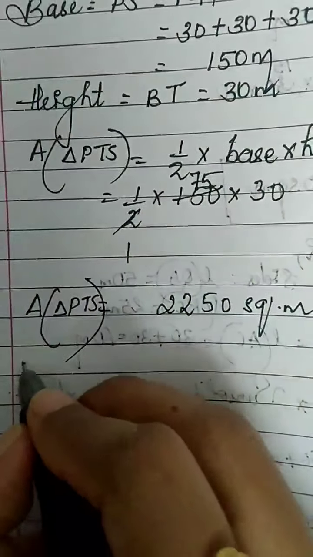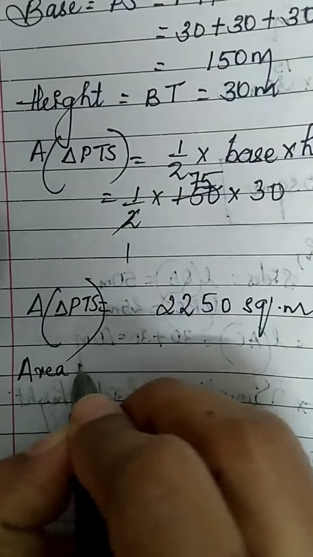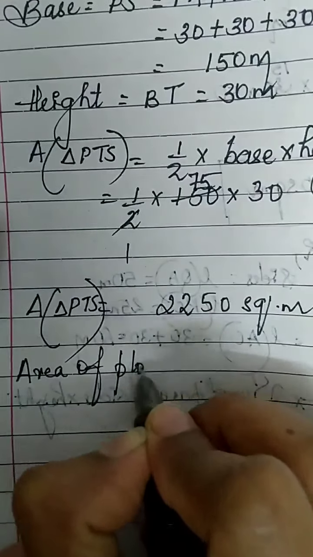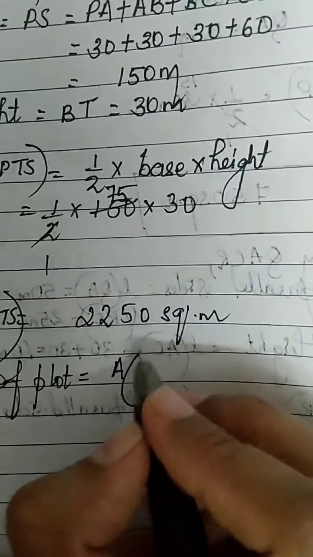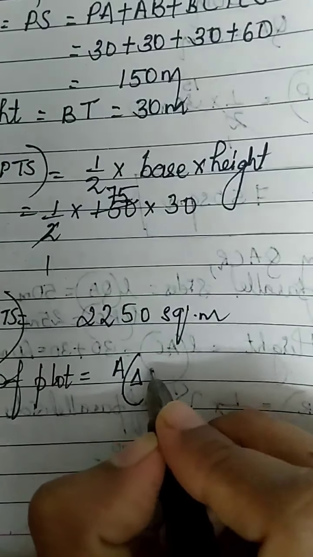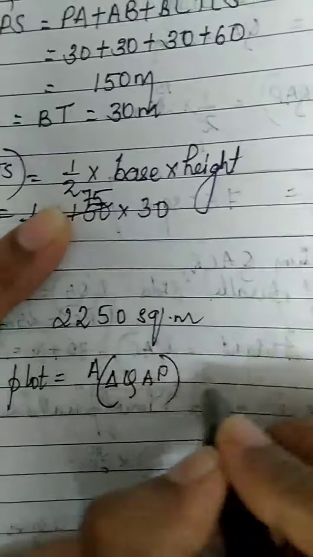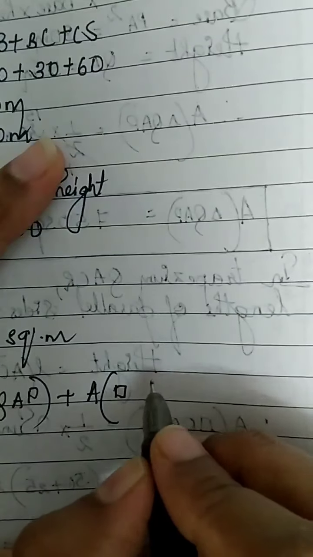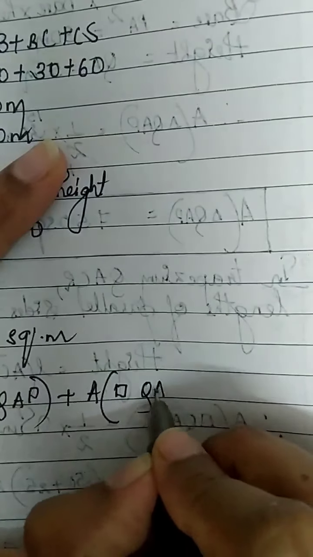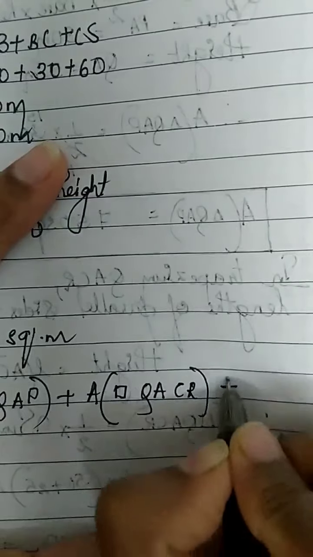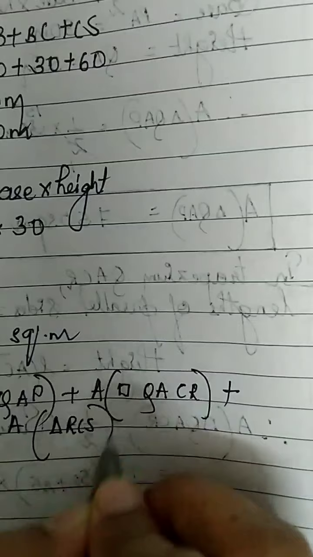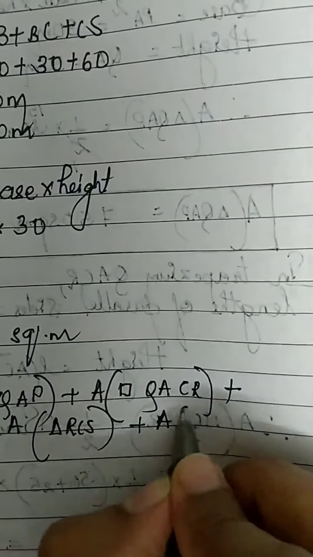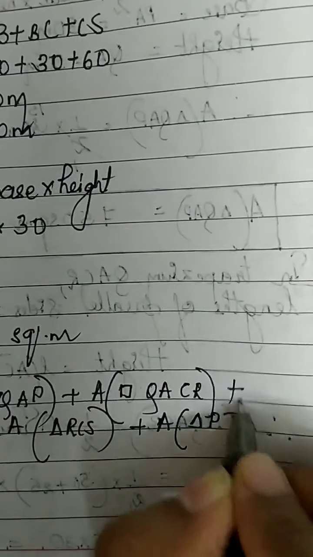Now the final step, area of plot. Area of the plot is equal to area of triangle QAP plus area of quadrilateral, the trapezium QACR, plus area of triangle RCS plus area of triangle PTS.